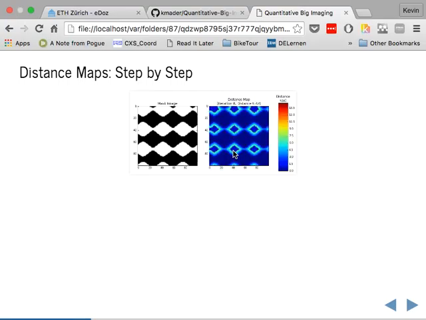We could threshold it so that each one of these beads is separate, and then you could count the number of beads. You could then choose to regrow it afterwards to fill up your initial structure, but it gives you an easy way to separate these different components without having to analyze them in too much detail, so the distance map gives you a representation that's much easier to work with.